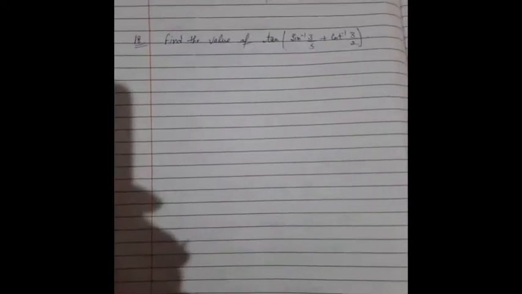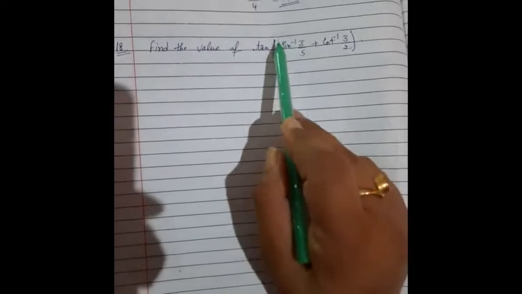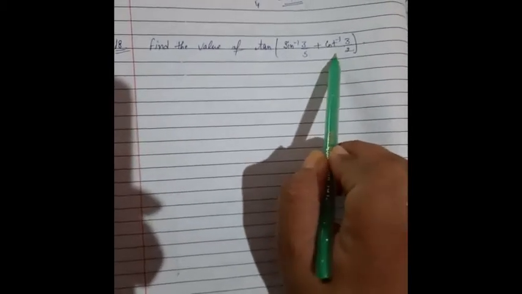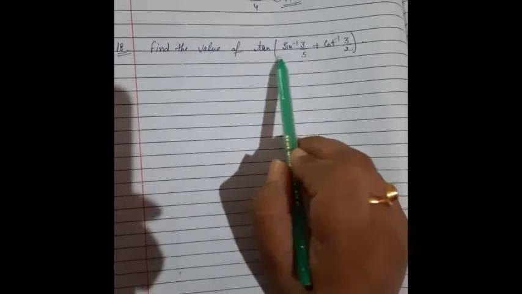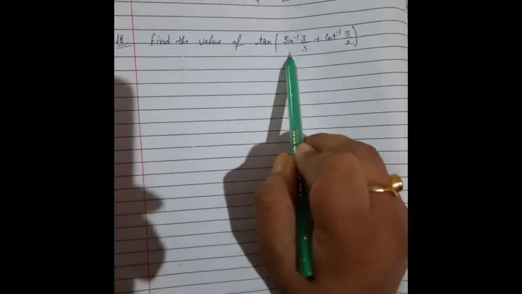Now question number 18, find the value of tangent of sine inverse 3 by 5 plus cot inverse 3 by 2. Because here tangent is given, and if we take tangent inverse in this angle, then their composition becomes identity and the remaining is your answer.